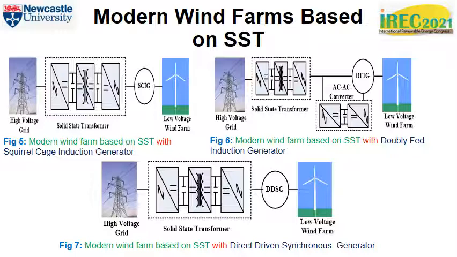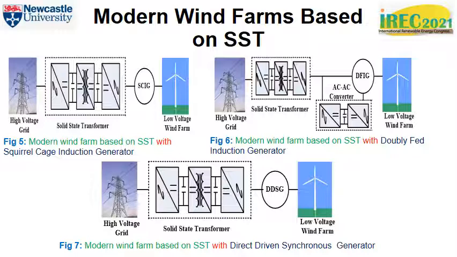Figure 5 is a block diagram of solid-state transformer based wind farm with squirrel cage induction generator, where the solid-state transformer replaces the STATCOM, the two transformers, and the capacitor bank used for reactive power compensation, thereby providing smaller footprint, compactness, and high performance. Figure 6 shows the block diagram of a solid-state transformer-based wind farm with doubly fed induction generator.